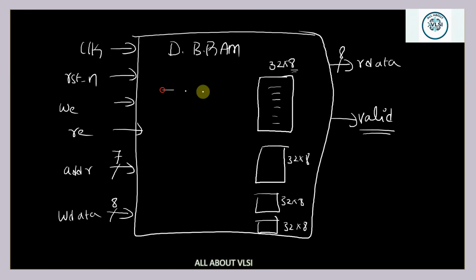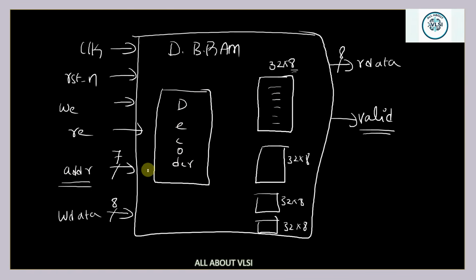Now we are going to have something known as a decoder circuit. This particular decoder is going to decode which particular block should be selected according to the address which we provide, and to which particular address I want to write the data. That is the job of my decoder.